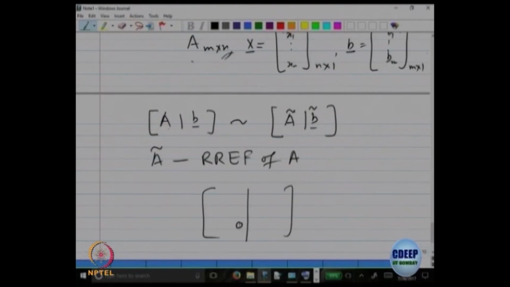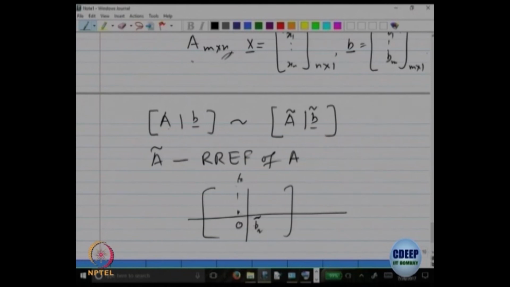So, the matrix A tilde B tilde will look like this: it is 0 here and some non-zero entry coming here, some B r tilde, let us say, right. So, this is the rth row. This is a non-zero entry here.